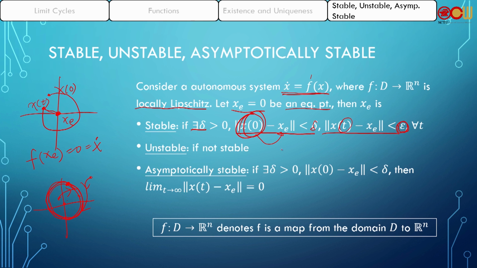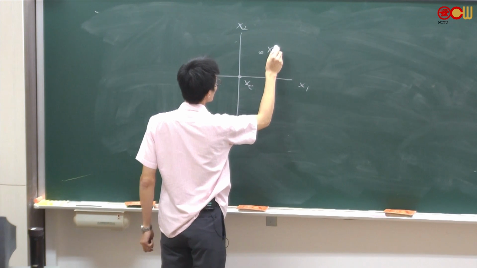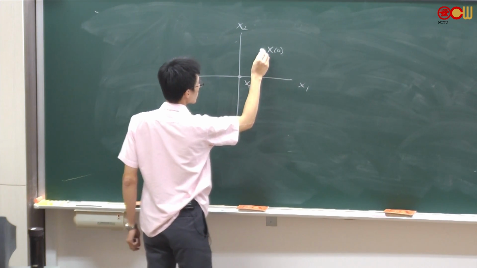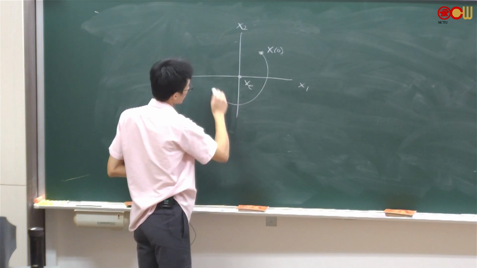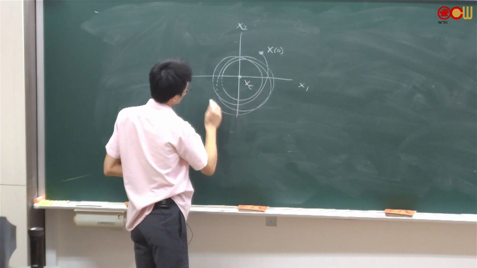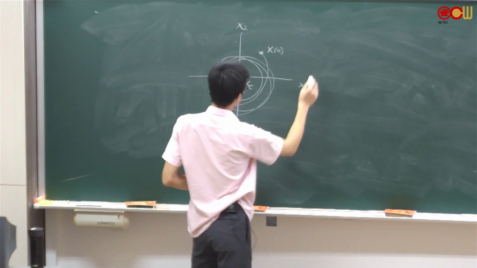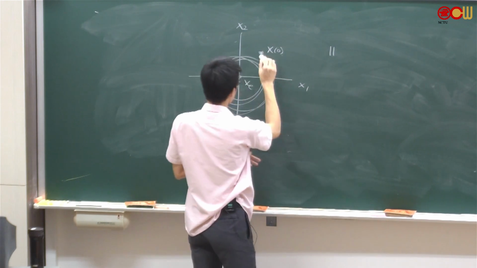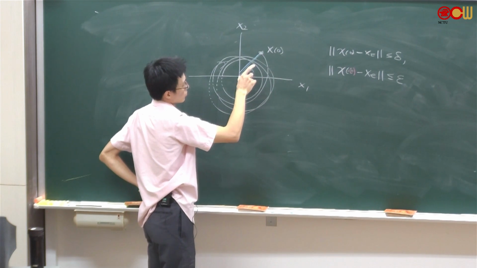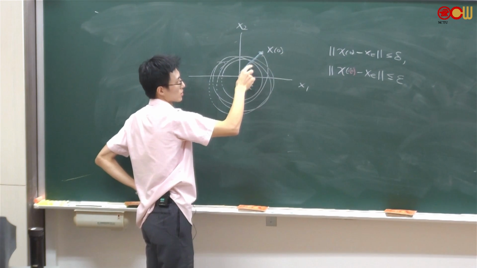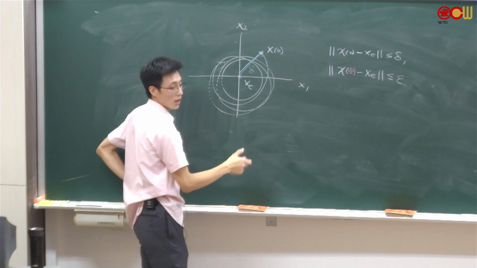And unstable means it's not stable. In other words, the distance is greater than epsilon, which means it diverges. So the equilibrium point is here. The initial condition is here. The distance between your equilibrium point and your initial condition is within some constant delta.